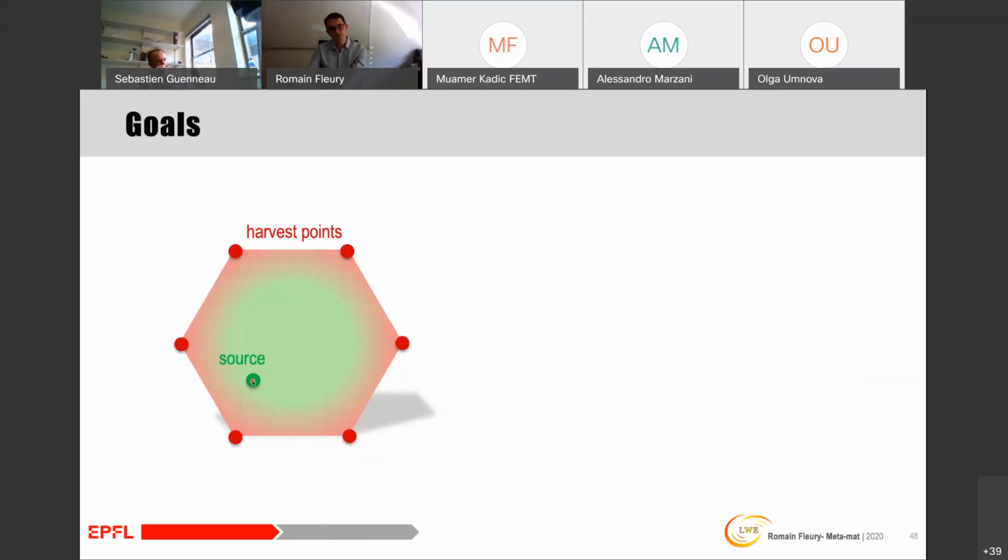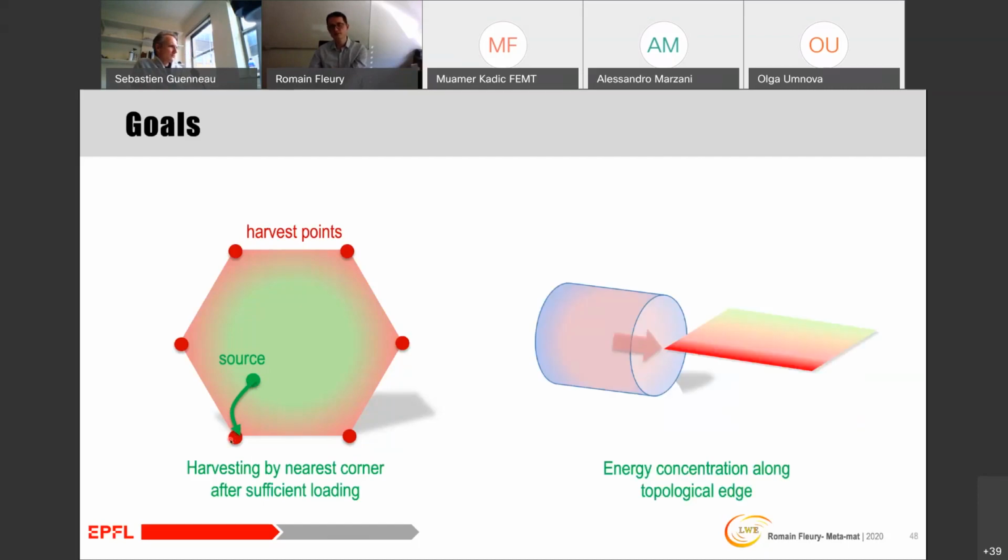What I want is that at the beginning, it loads the system with some energy, and when there is sufficient energy in the system, the energy will flow automatically, using topology, to the nearest corner. So I want to harvest the energy at the nearest corner after we have a sufficient level of energy in the system. So there's some kind of nonlinear thing going on. I want a power threshold after which this phenomenon occurs.